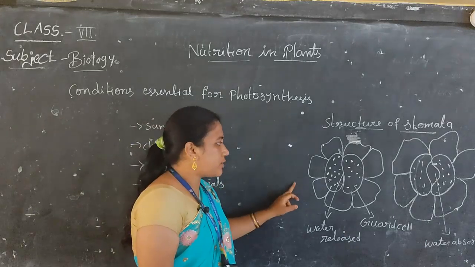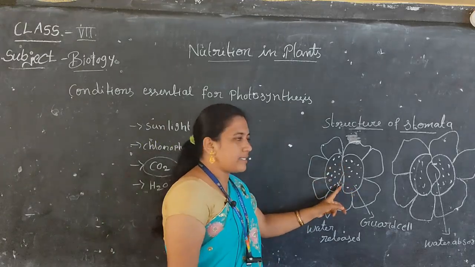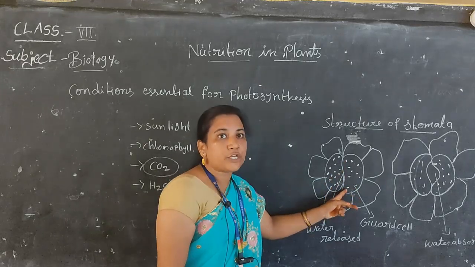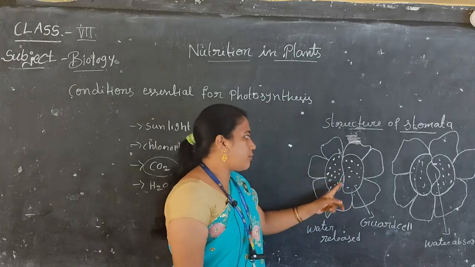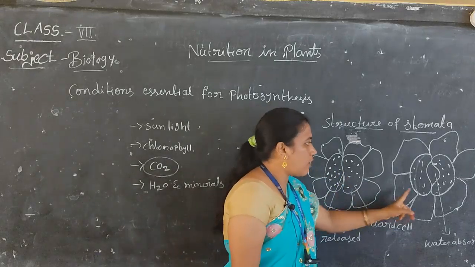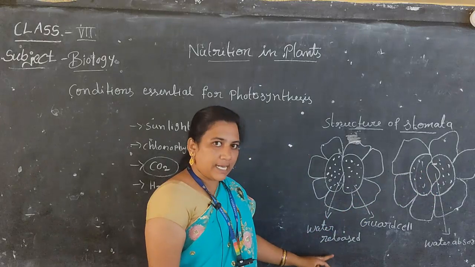When you observe here, this stomata is surrounded by two guard cells. These guard cells play a major role in the opening and closing of the stomata. When the stomata is closed, the structure will be like this. When the stomata is open, the structure will be like this.